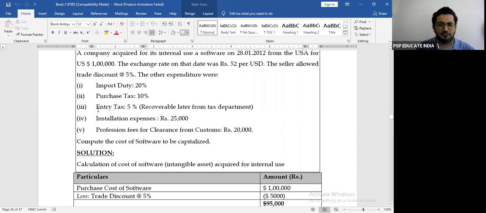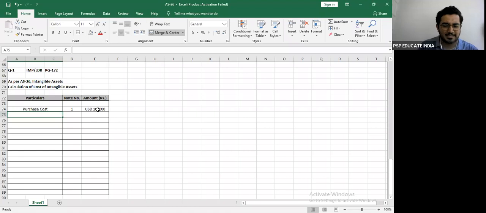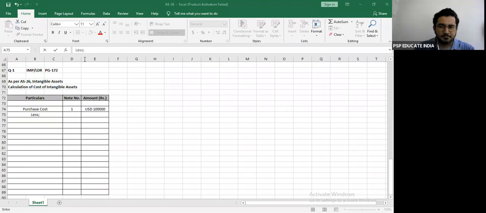Always when you purchase, first we deduct the trade discount. So less, deduct the trade discount first. Trade discount at 5%, which is 5,000.